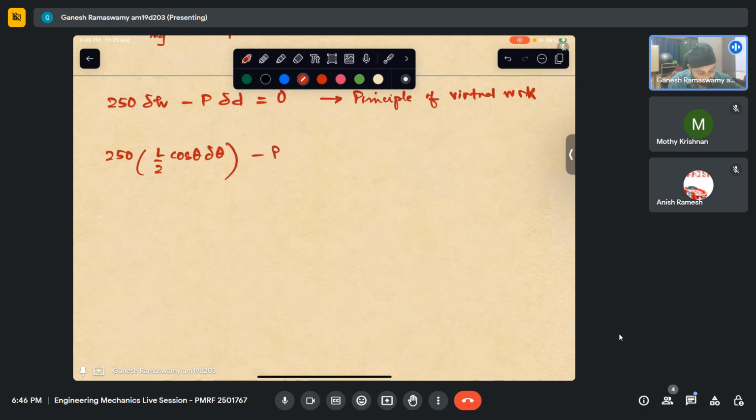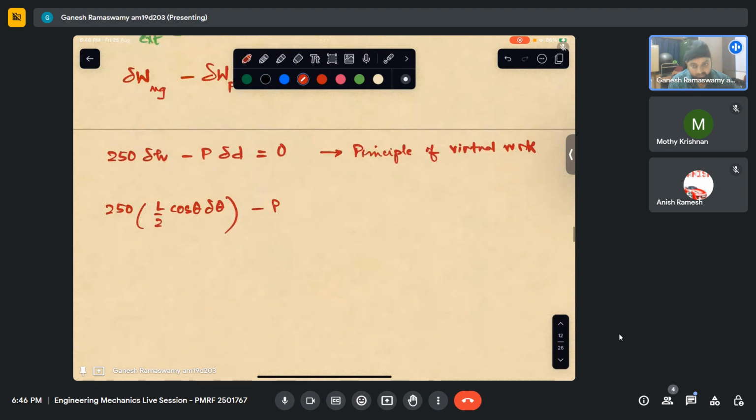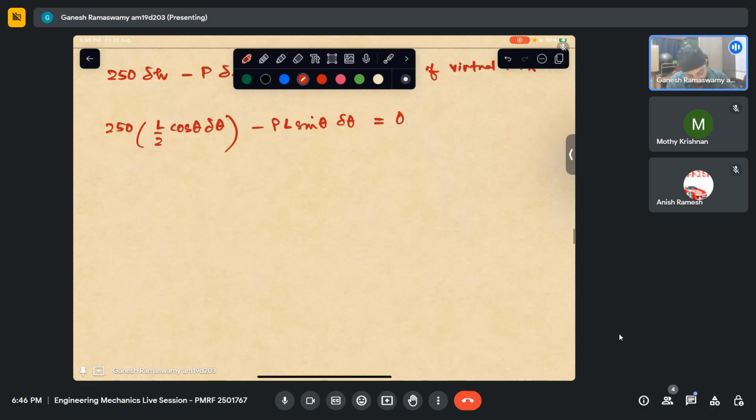L sin theta delta theta equals 0. So what will this give us if we solve this? 250 L by 2 cos theta delta theta equals PL sine theta delta theta.